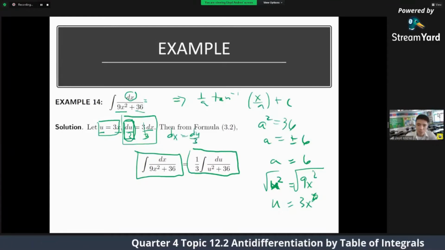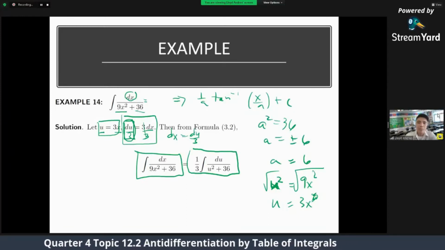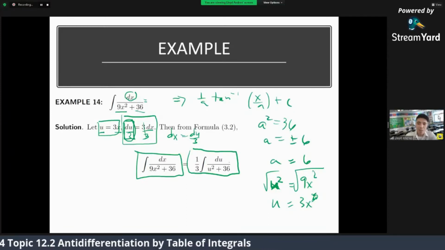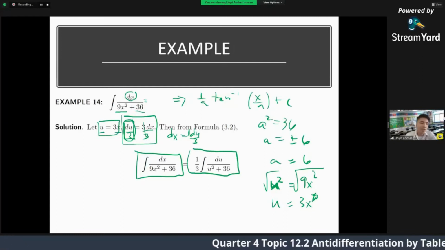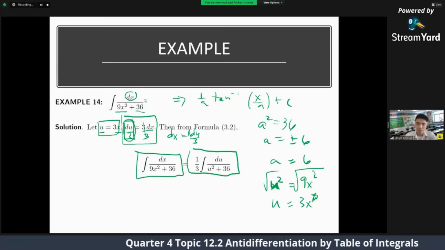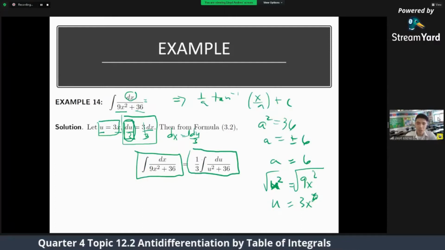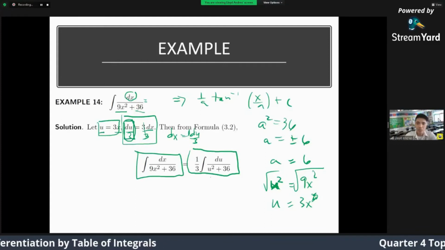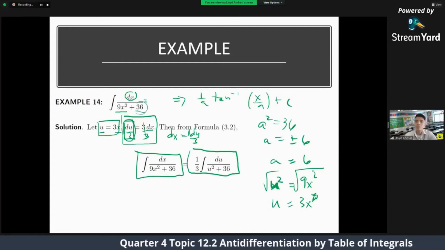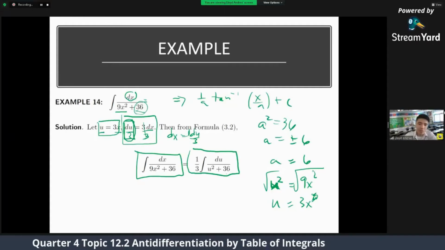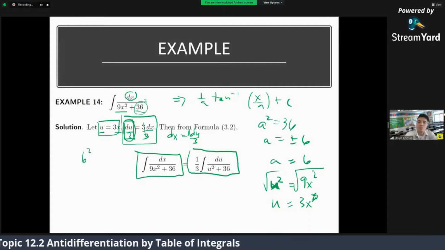So, mo nang du dari over 3, dapat. Pero, this is 1/3 man actually. 1/3. And 1/3 is a constant. So, gi-factor out na niya daan si 1/3. Tapos, u squared, kaya mamanang si 9x squared, and si 36. Dari po nagikan kay 36. Actually, si 36 can be written as 6 squared rapod.